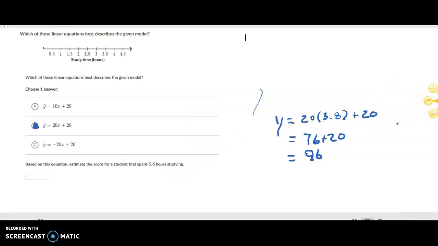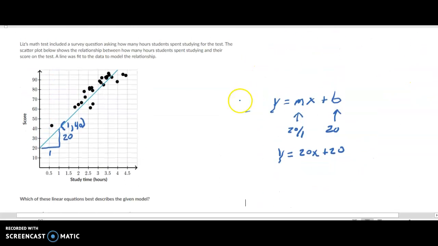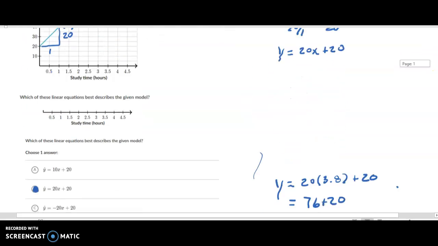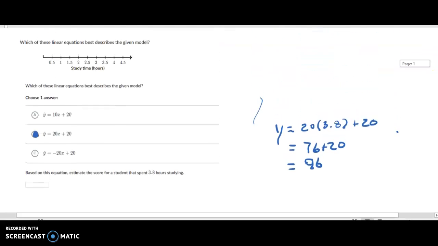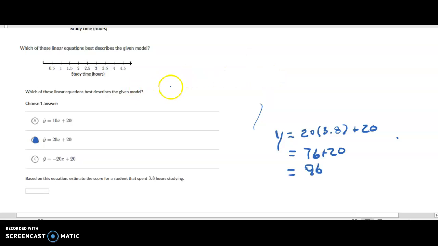Let's go up and see if that makes sense in this case. So 3.8 puts us right about here. We go up and it looks like 96 could be pretty reasonable, but we're not guessing when it comes down. We've already made an estimate of the relationship with the equation.